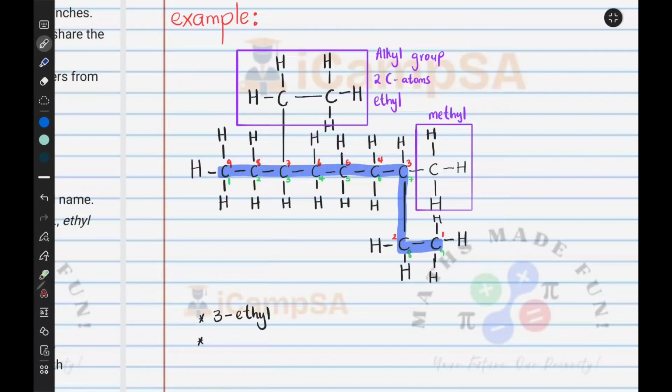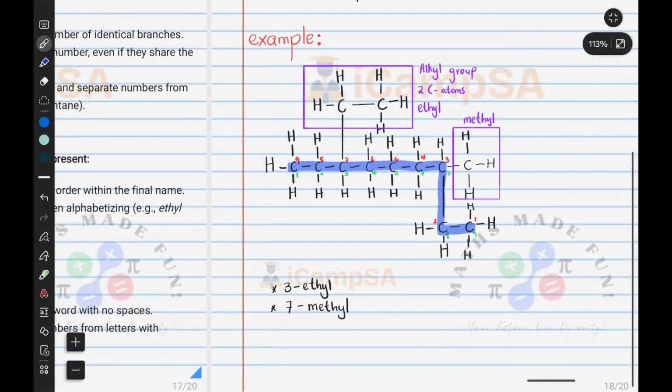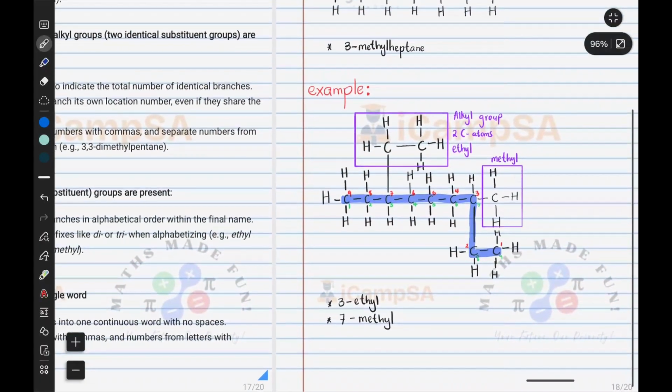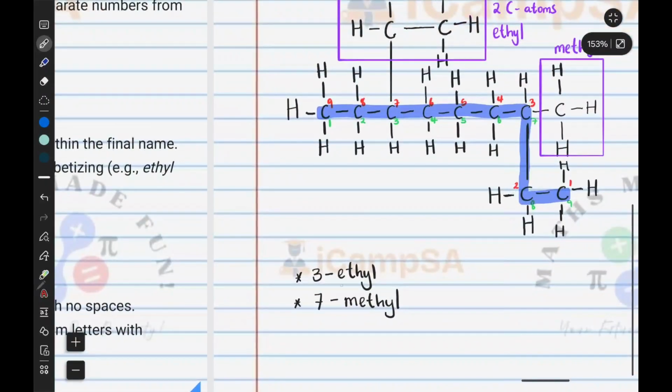And then we will have another one, which is number 7 methyl. So I have 2 of these alkyl groups, and I'm naming them according to where they are along the long continuous carbon chain. Okay, now that I have those 2, I must start combining them to form the full name now. So how do I go about it? In the full name, I make sure that ethyl comes first and then methyl.